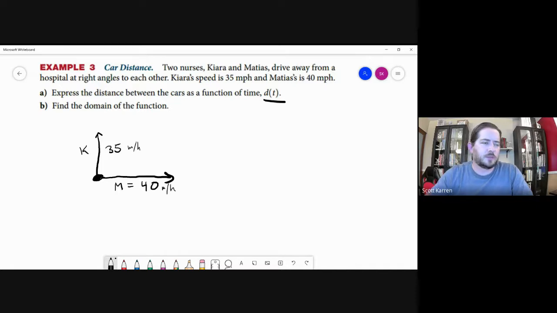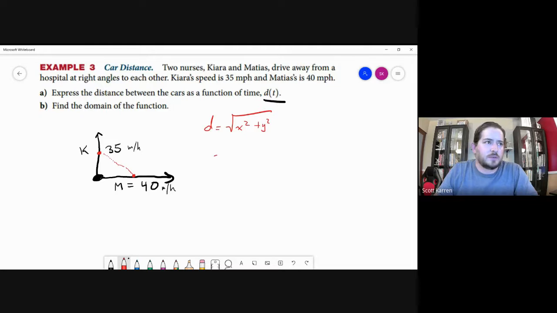Not that this really matters, I'm going to omit that from my equation here, but the distance, right? If she ends up some unit of time later here and Matthias ends up some unit of time here, the distance they're looking for is that straight line distance between the two of them, which is the hypotenuse of a triangle. And so you should know then that the distance here is the square root of x squared plus y squared.